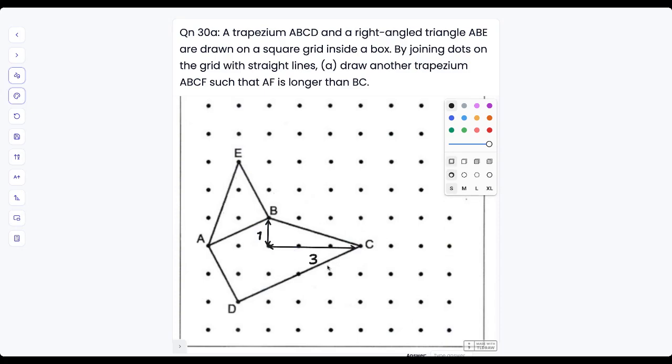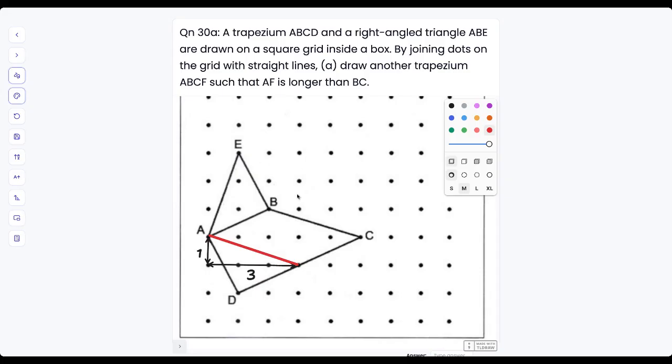So from there we can create a trapezium. A trapezium needs to be parallel, right? So we can just put here. If you want equal length, it actually is like this. But we want to make it longer, so we can duplicate this and just extend it to the next one like this. There you go. So that's the answer.